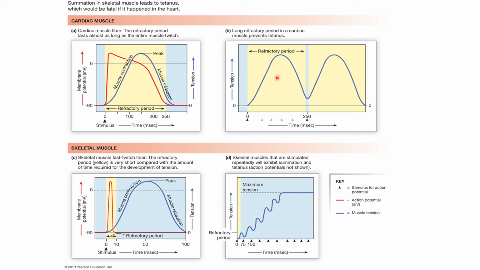Now, preventing tetanus in our cardiac muscles is very important because your cardiac muscle cells must relax between contractions, so that we can give time for our ventricles to actually get filled with blood. When your ventricles are relaxing, that's when they get filled with blood.